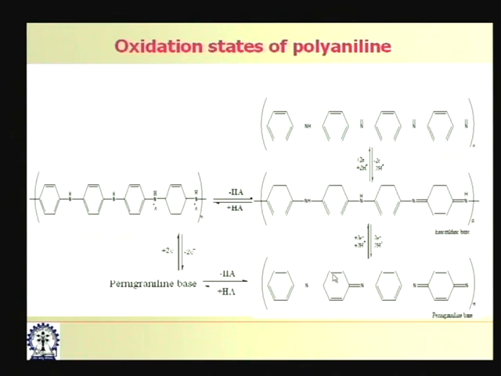You see, not only inside the ring, the nitrogen is connected through a double bond here, then single bond, double bond like this. So, in this structure single bond, double bond, single bond, double bond, single bond, double bond. So, this way the path may be like this, either this or the path may be this. So, again like this.